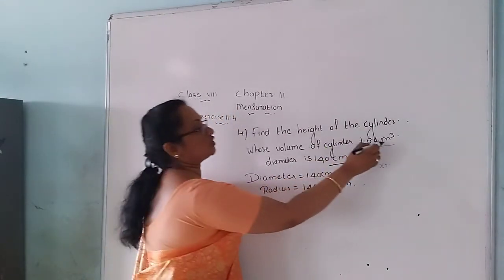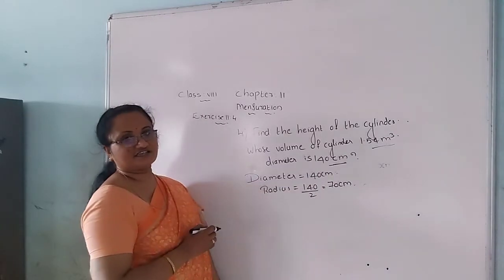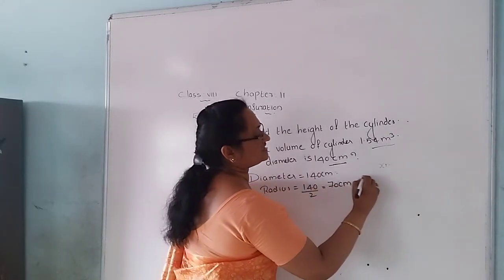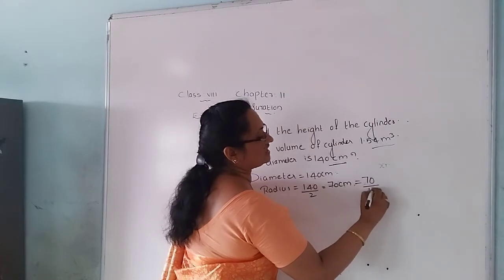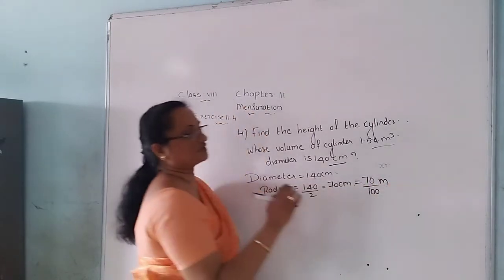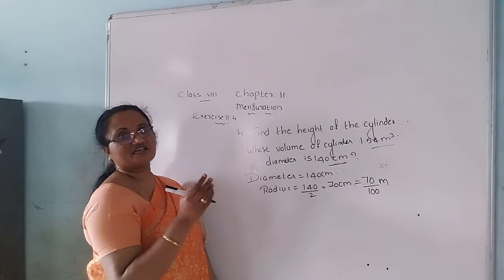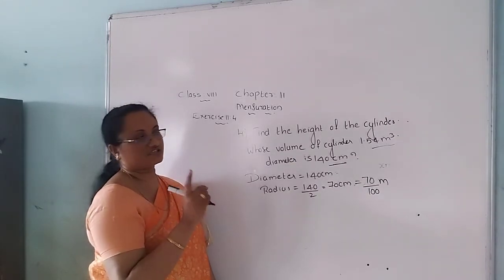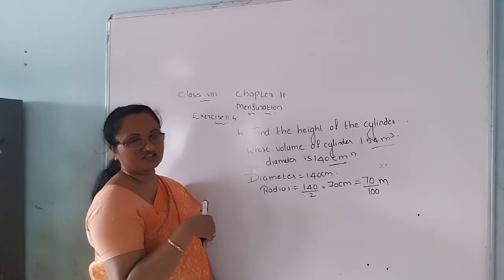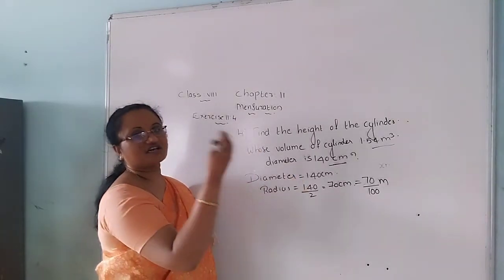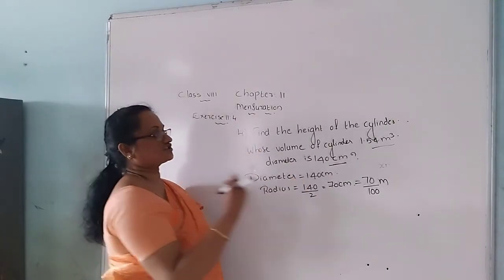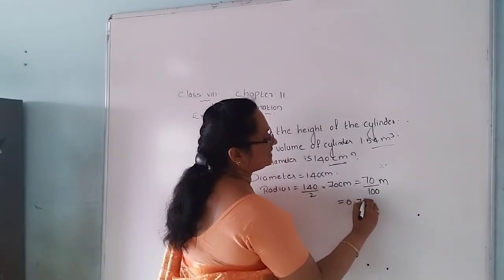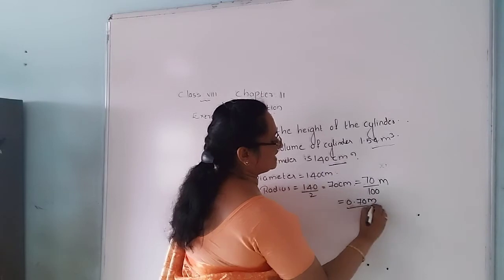But volume is in meter, so convert centimeter to meter: this 70 is divided by 100. The relation is, 1 meter contains how much centimeter? 100 centimeter. That's why, to convert to meter, from smallest unit to highest unit, we divide. Then it will become 0.70 meter.